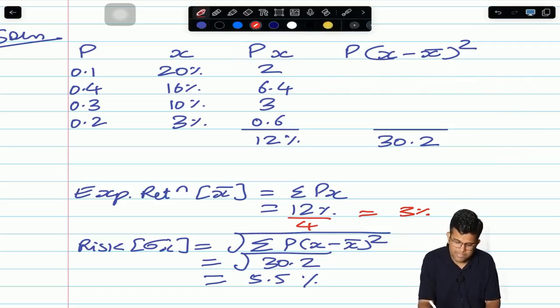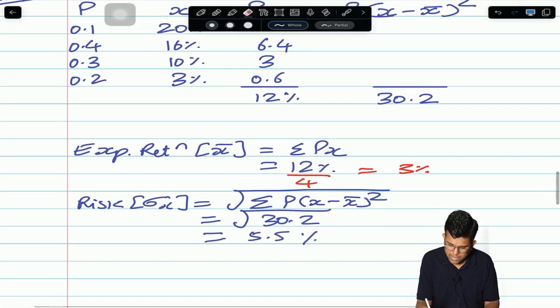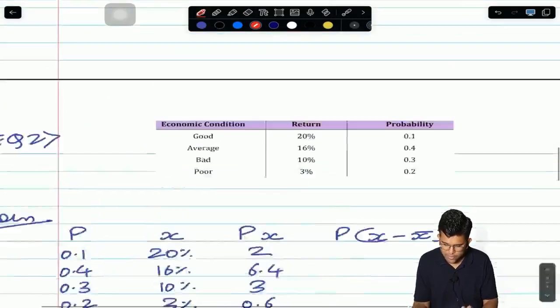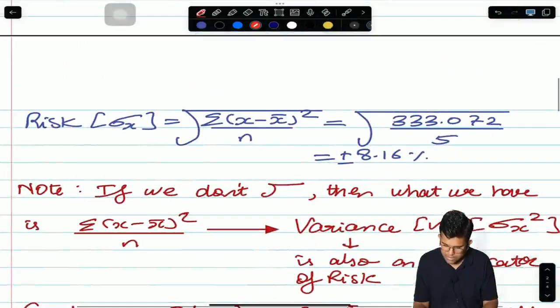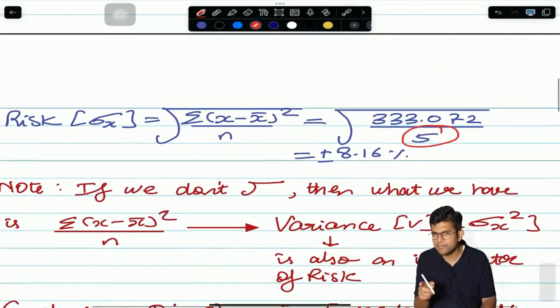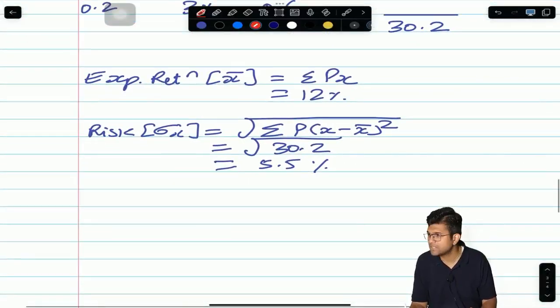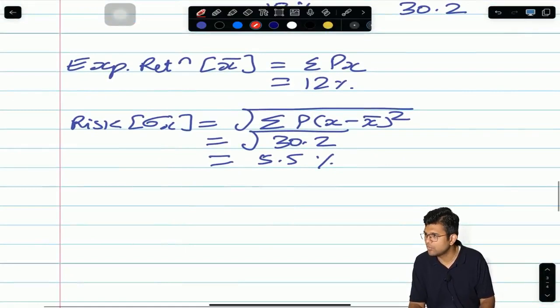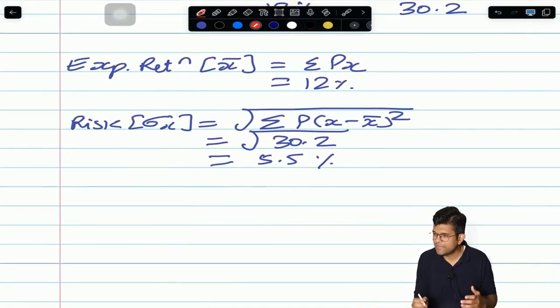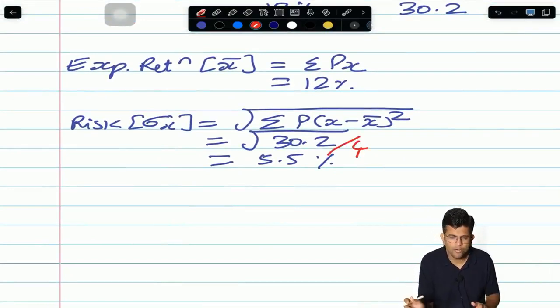And that mistake, students, can happen even while calculating sigma. Like for example, here we divided the 333 by 5 and then we did the root. Here we directly pressed the root. Can you see? 30.2. So in the exam it can happen: 30.2 divide by 4 and then root. Gone.